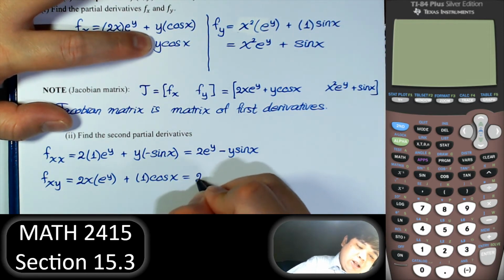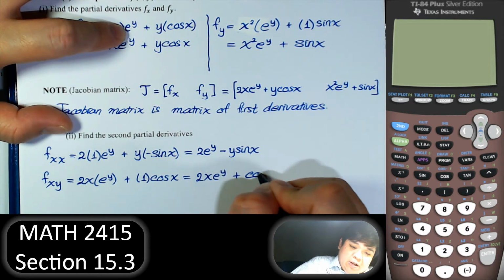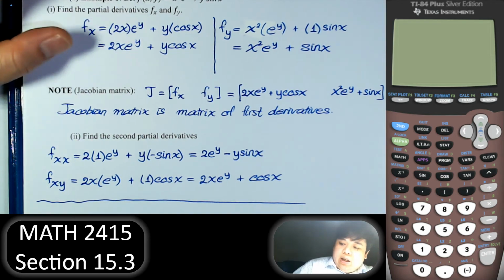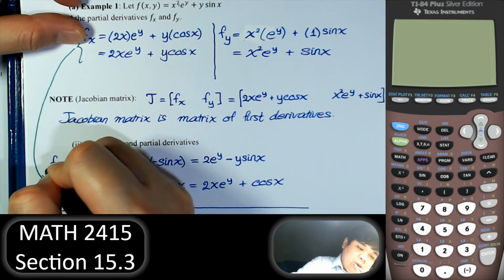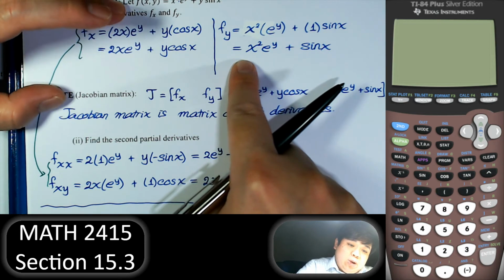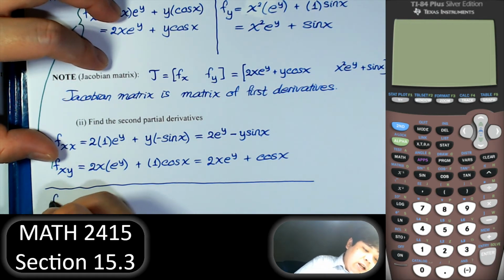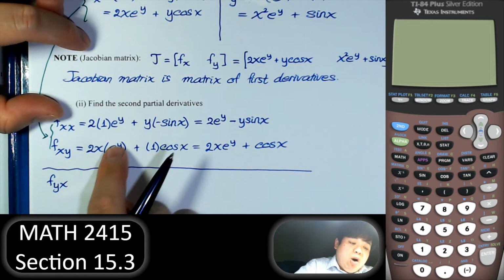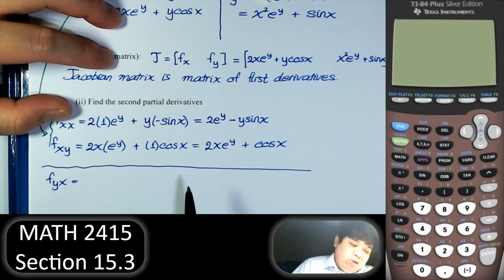So we just have 2x e to the y plus cosine of x. So we used the derivative with respect to x, and we have this 2. Now we're going to take the derivative with respect to y, and we have to have fyx and fyy. For fyx, Clairaut's theorem we showed earlier says the mixed partial derivatives should be the same. But that's a nice way to confirm that.